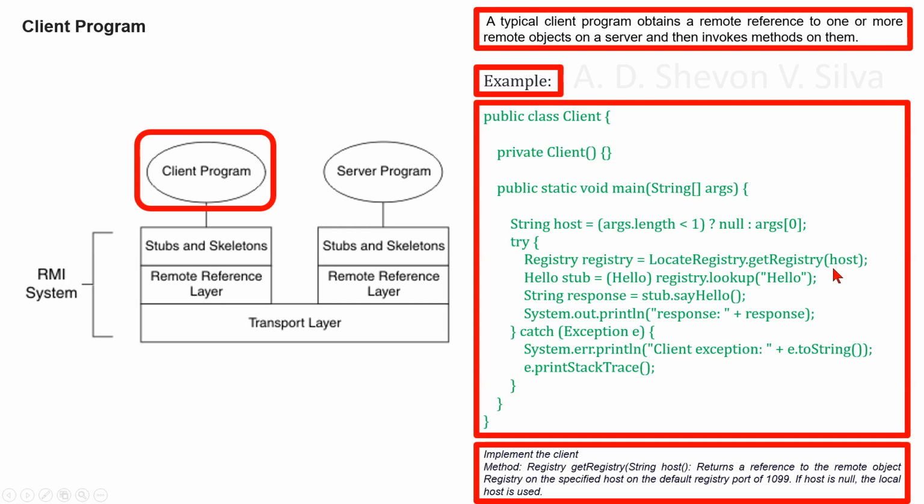Next, the client invokes the remote method lookup on the registry stub to obtain the stub for the remote object from the server's registry.